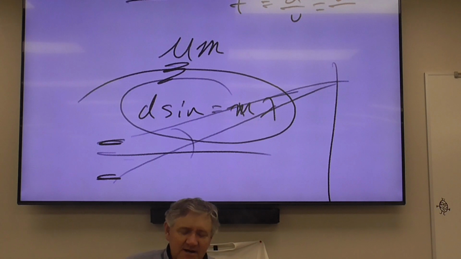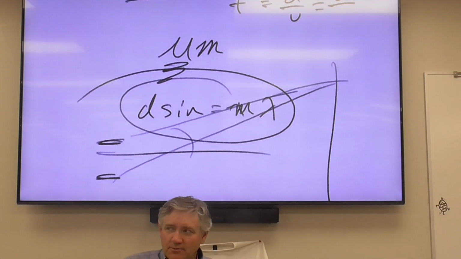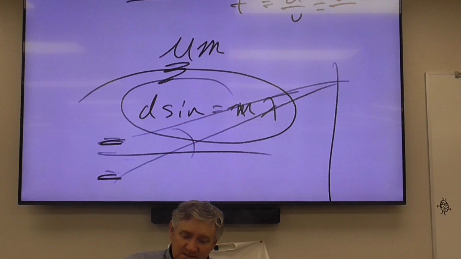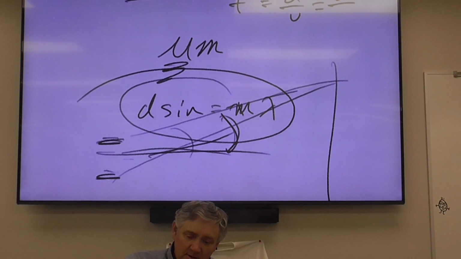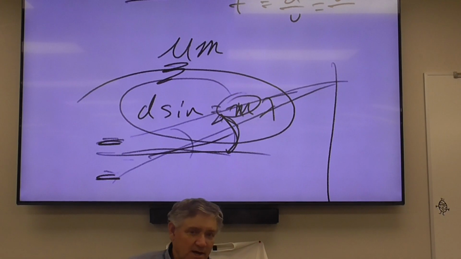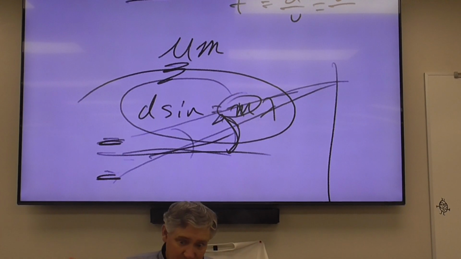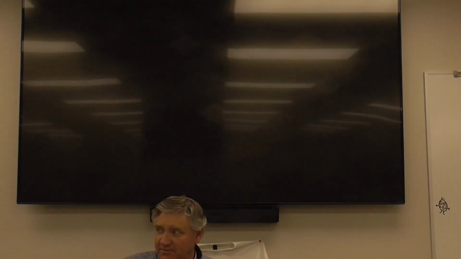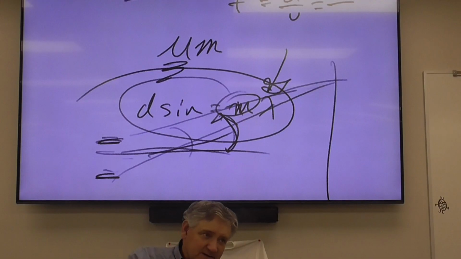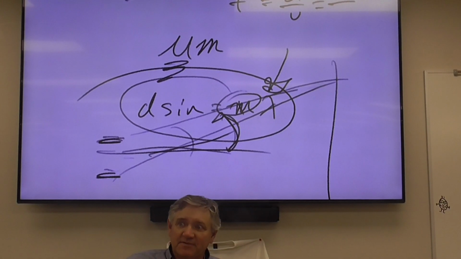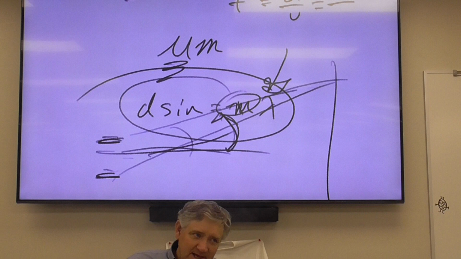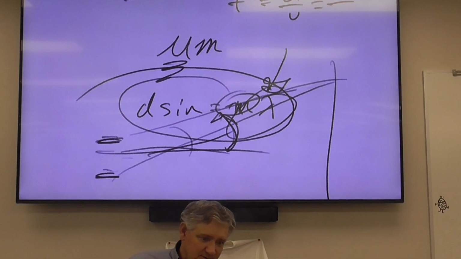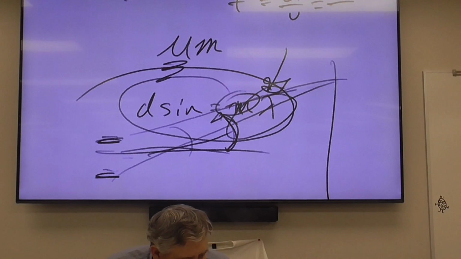This is the practical way to measure the wavelength of light: you have it go through 2 openings, you measure the angle, then you pick whatever m value you want, 2, 3, whatever, then you measure that angle and solve for wavelength. So this is the practical side of how we find the wavelength of light, because we can't physically measure it. So we use this equation and go from there.